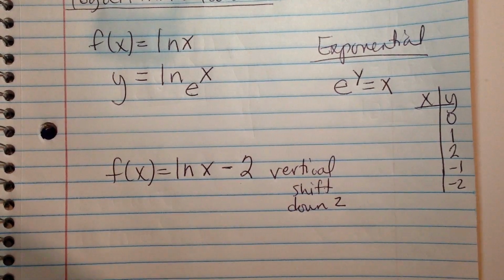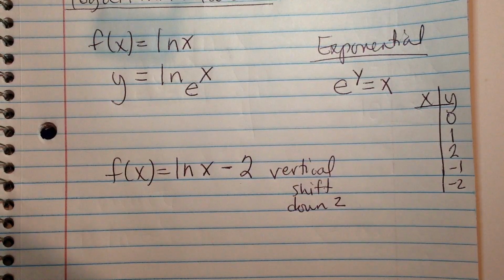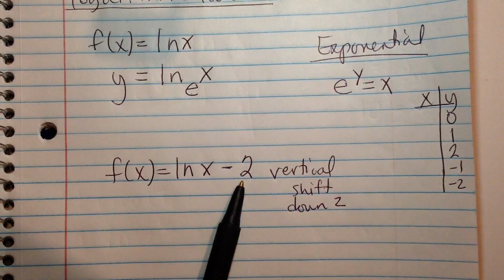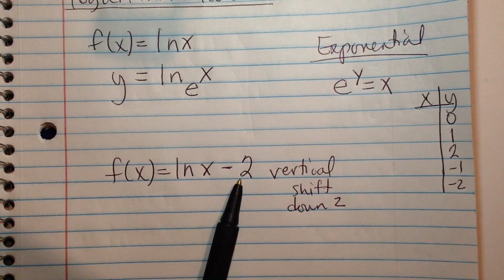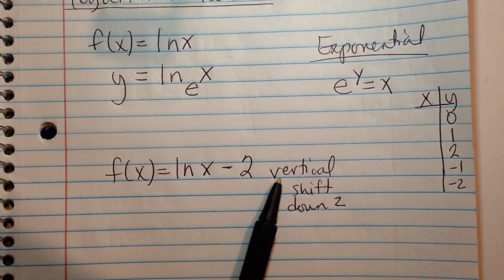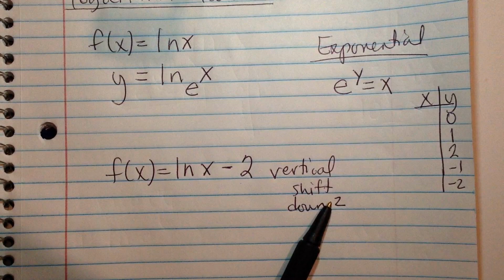Just like with your logarithmic functions, you will look at the original and compare to your new problem what has been added. This one had added minus 2 to the back, therefore this would be a vertical shift down 2.